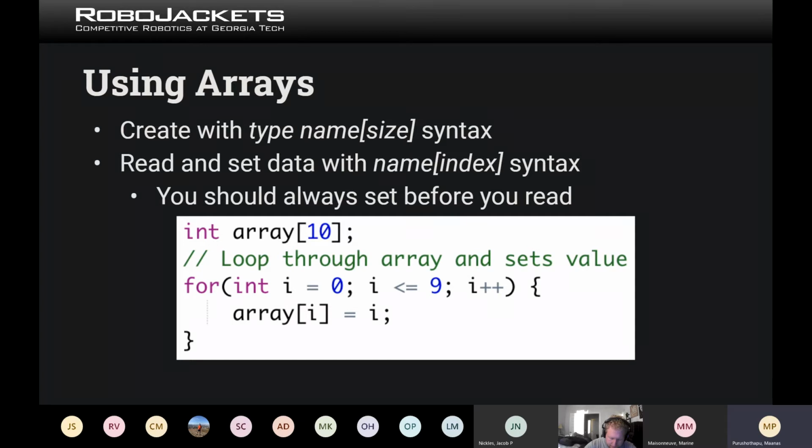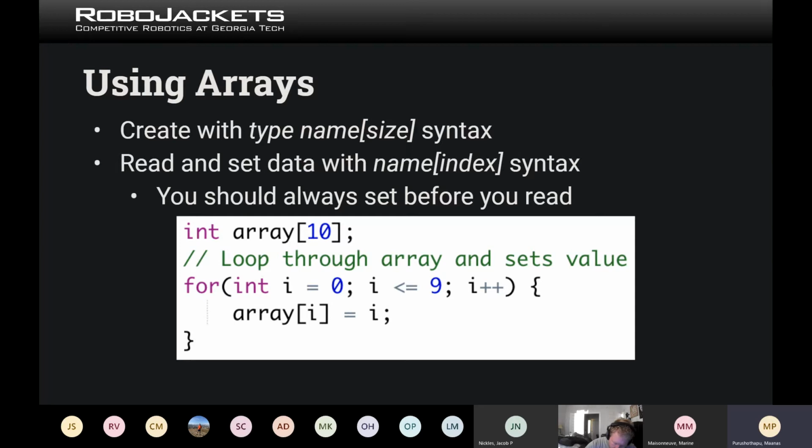A really good rule of thumb is that you should always set a value in an array before you actually read that value, because essentially when you define an array, the memory that's already there that the array takes up isn't cleared, so you might have some values that are just bad.